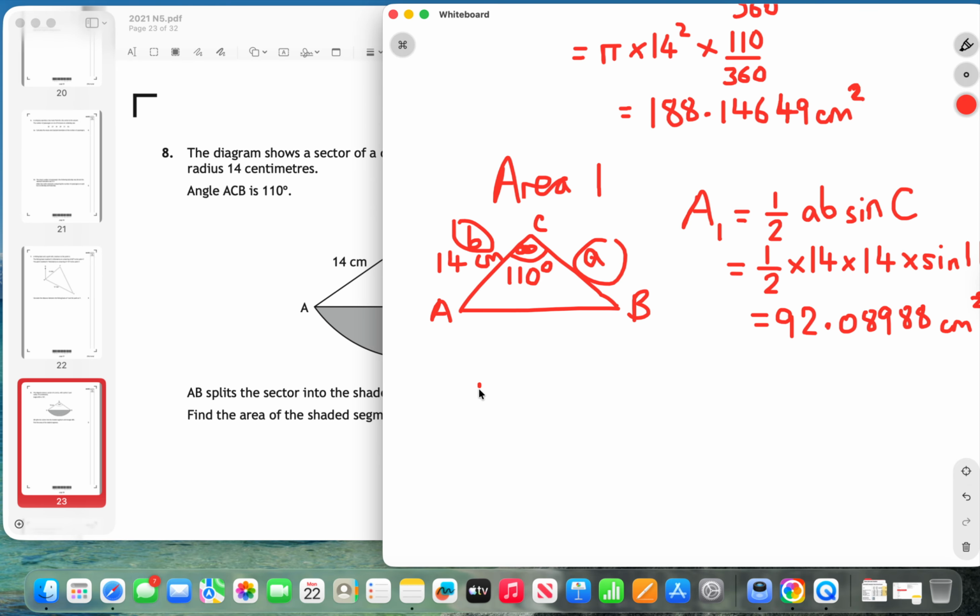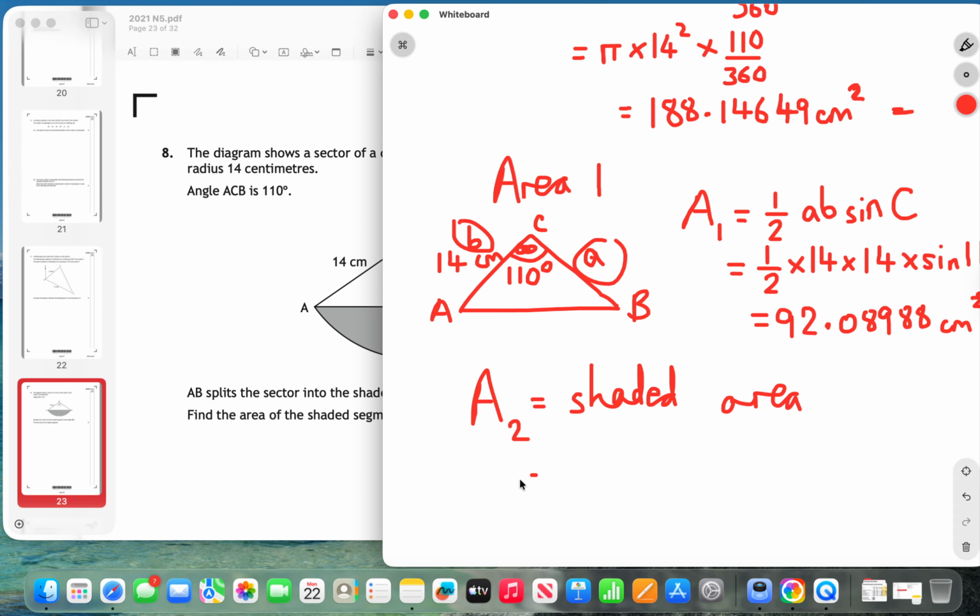So to find area 2, we'll call this A2, equals the shaded area, equals the total area, which we found up here.